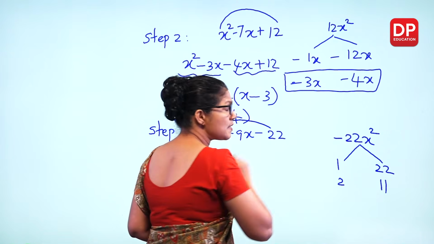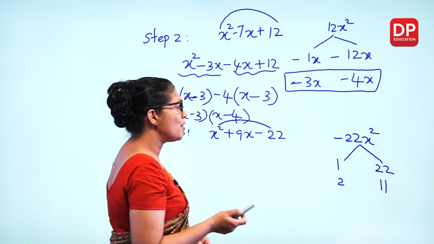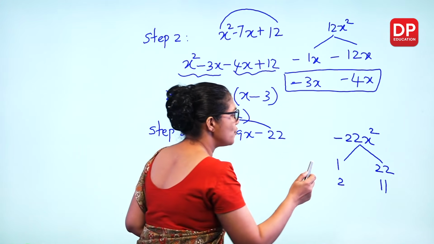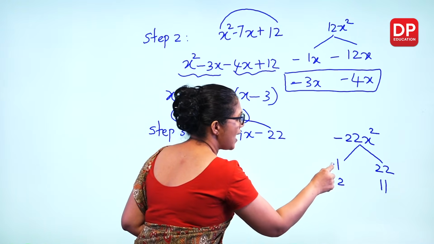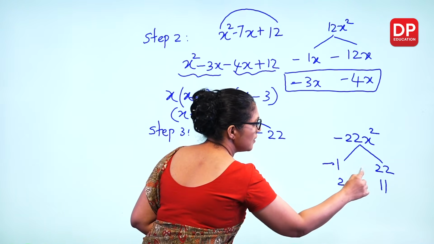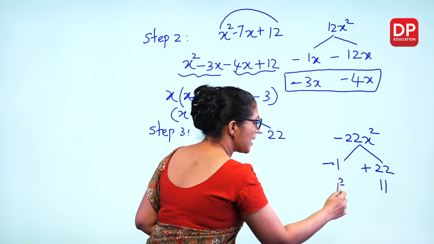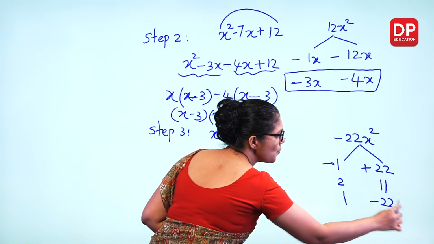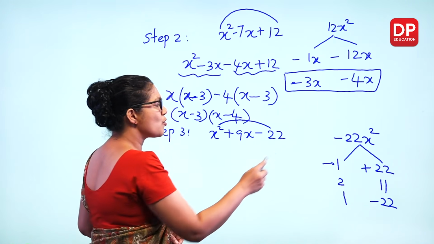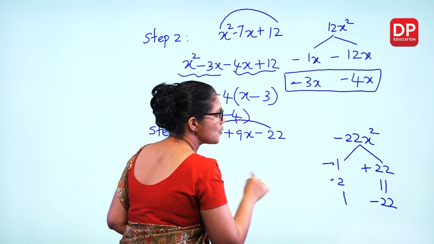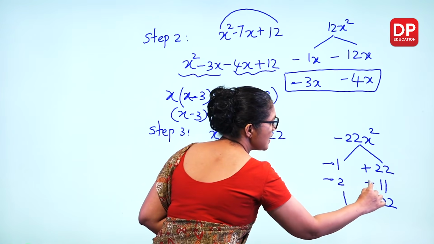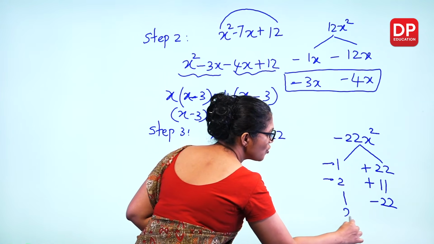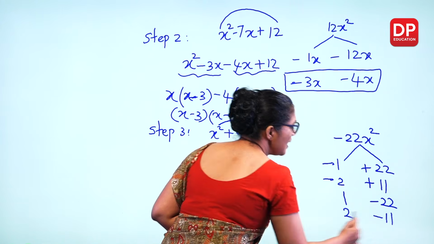Now this is minus, so we need to put a minus sign in one of those. Okay, we'll put minus 1 with plus 22, or I can write 1 with minus 22 as well. When you take 2 and 11, I can write minus 2 with plus 11, or 2 with minus 11.